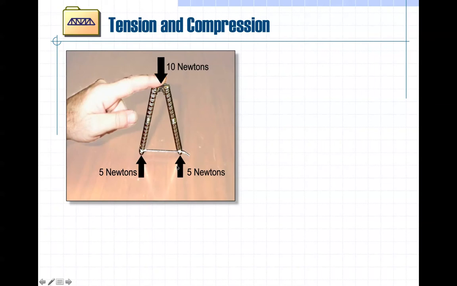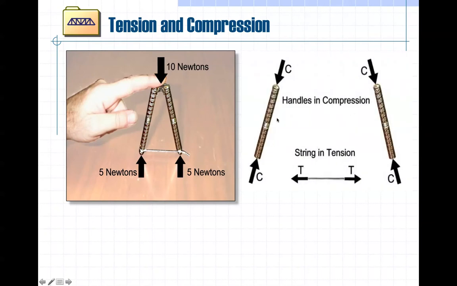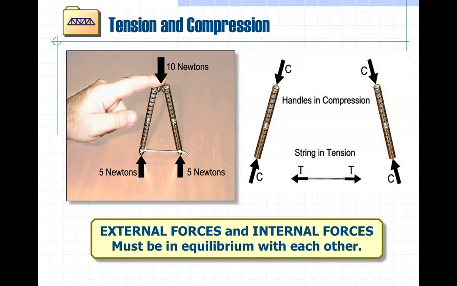So with this simple structure, my handles are in compression and the string at the bottom is in tension. Kind of know that intuitively, right? Because when I push on the top, of course, these bottom things want to slide to the right, so this string is holding it together. So it's pulling back. Okay.